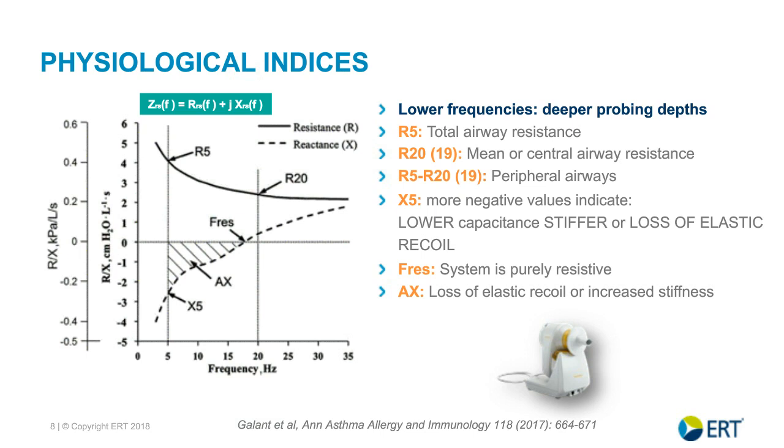And this is a measure of central average airway resistance. And the difference between the resistance at 5 Hz and the resistance at 20 Hz, the R5 minus R20, or dependent upon the device, maybe the R5 minus R19, may tell us about the peripheral airways of the lung. So that's resistance, which we all find intuitively straightforward. Now let's talk about reactance.